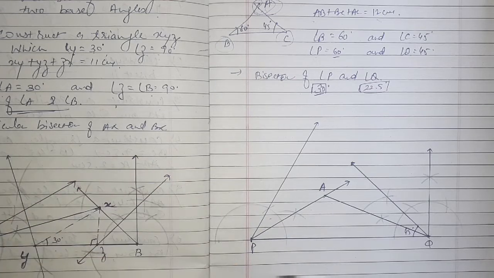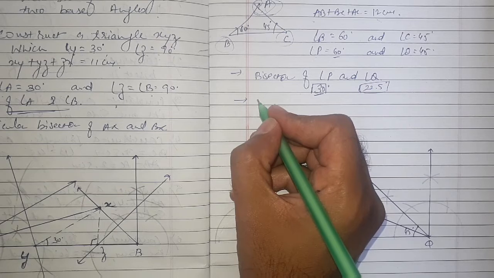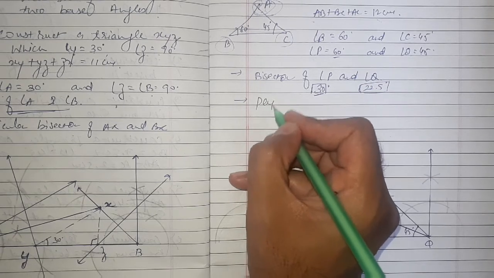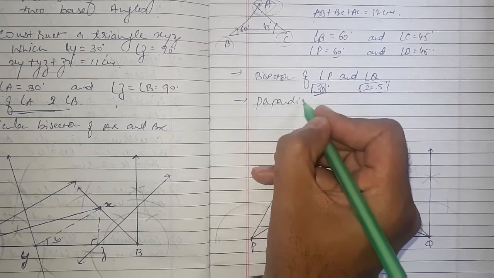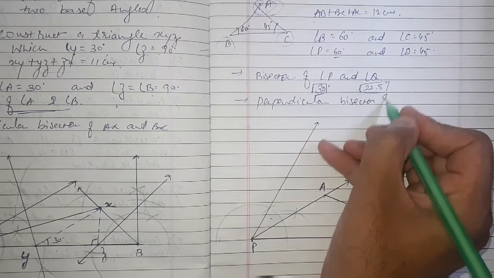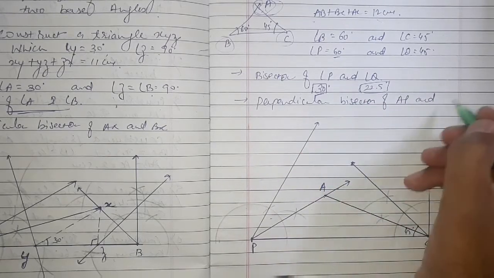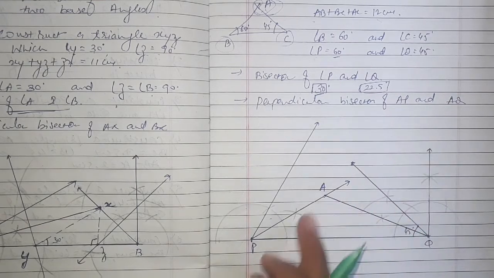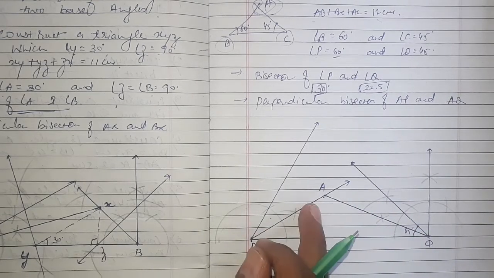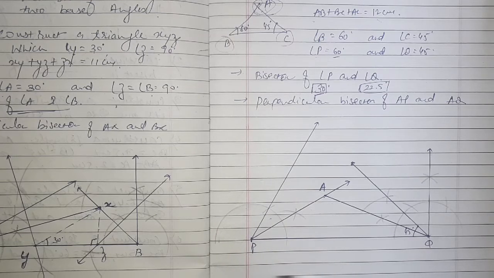For B and C, the next step is to construct the perpendicular bisector of AP and AQ.